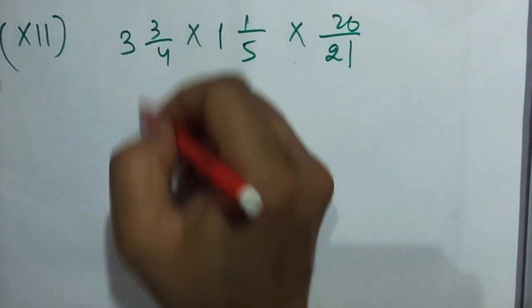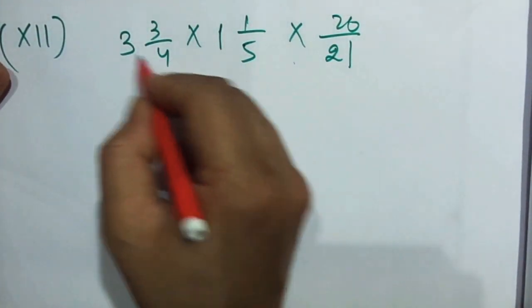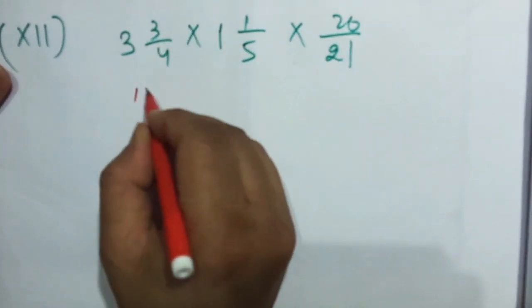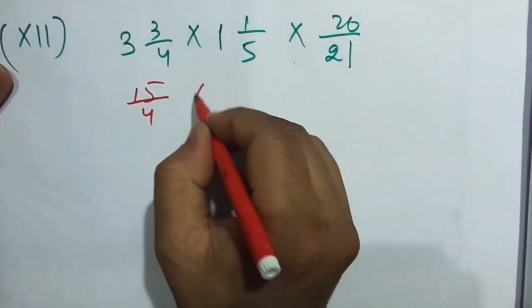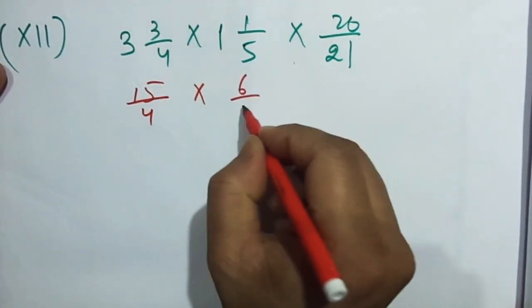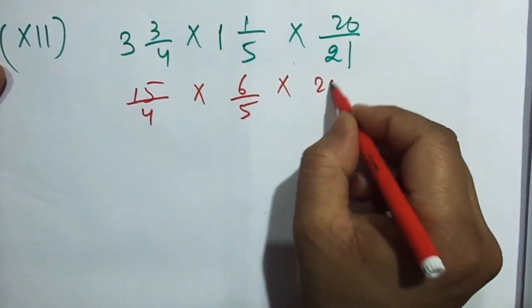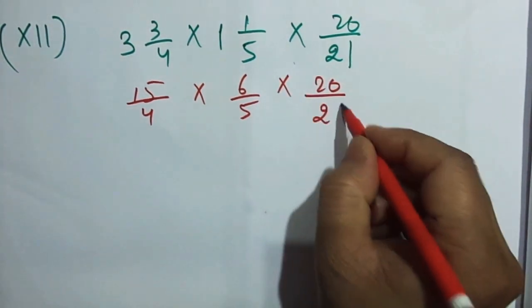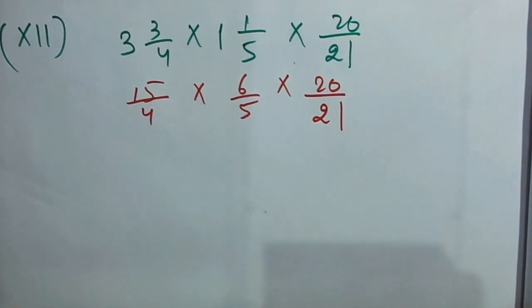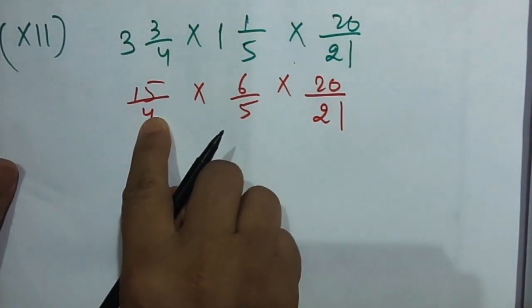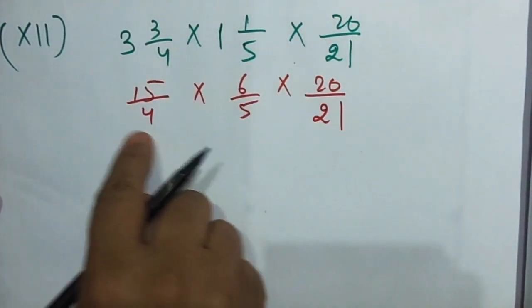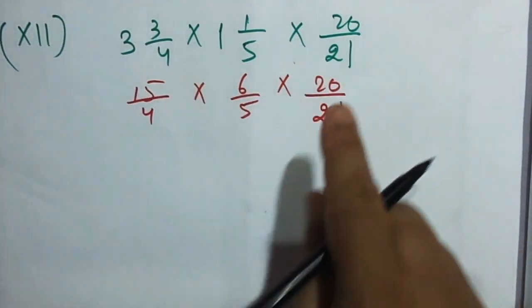Change into improper fraction. 4 3s are 12 plus 3, 15 by 4 times 6 by 5 into 20 by 21. Now it is our turn to do cancellation. As I said, cancellation means the denominator with the numerator. Any denominator with any numerator.